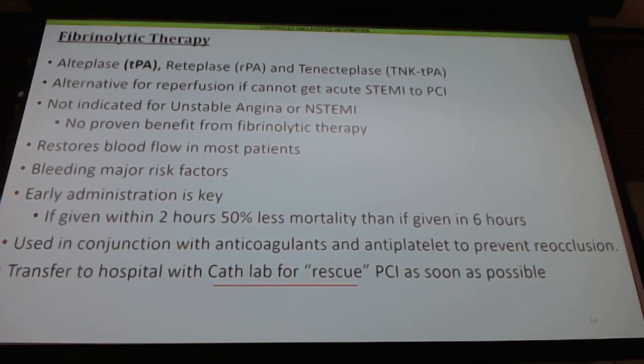The fibrinolytic therapy does not do anything to that plaque. It just gets rid of that clot that formed and caused the acute occlusion. So these folks are going to go through PCI and hopefully get a stent placed to fix that perfusion stenosis.